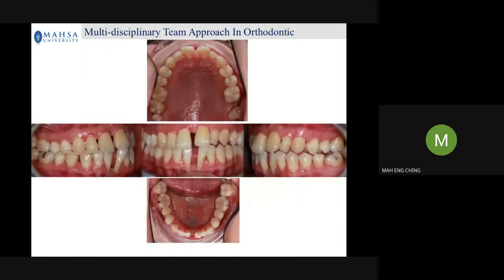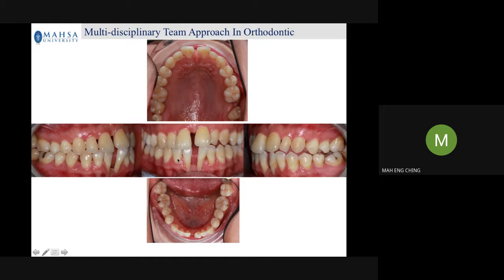So can we do braces on these periodontally compromised patients? Yes, we can do it, provided we can control the plaque accumulation and the inflammation of the gingiva. You can see in these pictures, the lower incisor has severe recession and the periodontal support is compromised quite a lot. This one is very mobile in the beginning, but after we send it to the periodontist, you can see the tissue slowly return to normal.